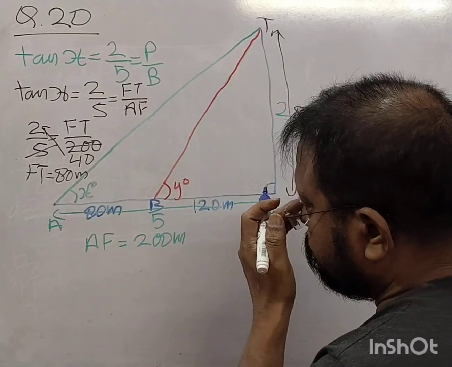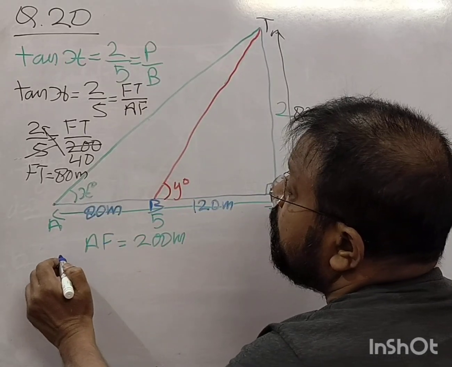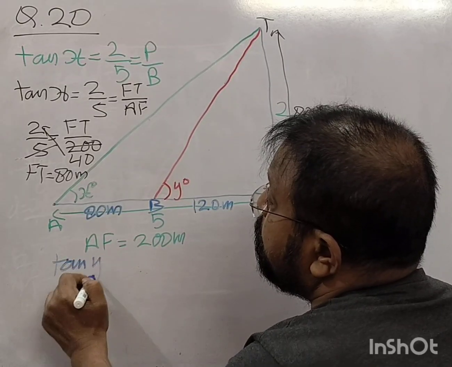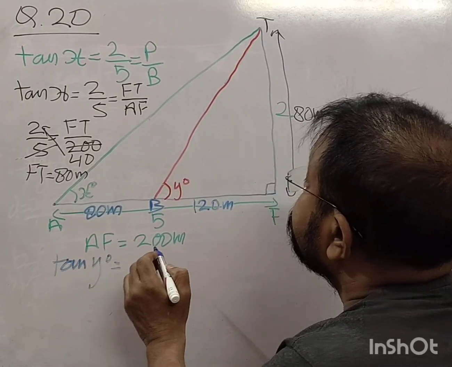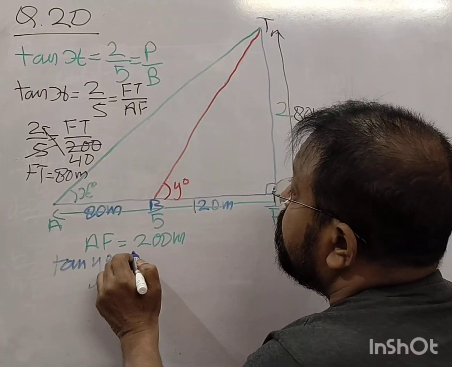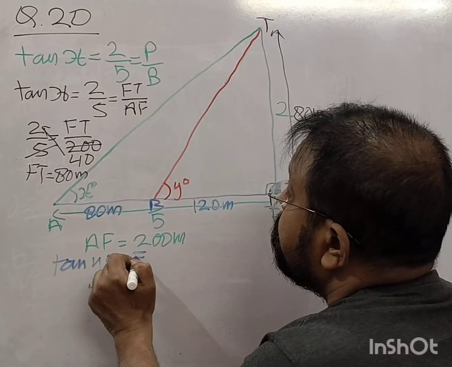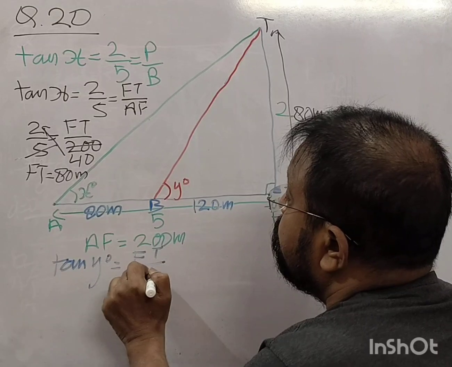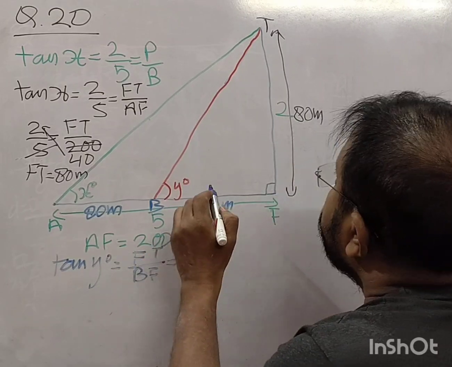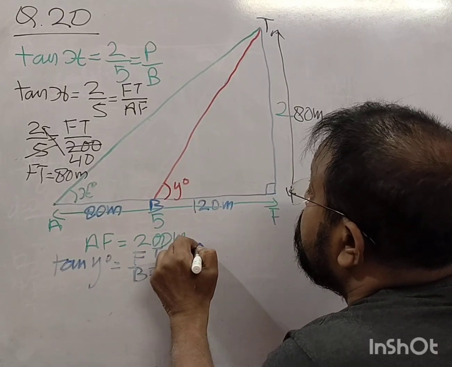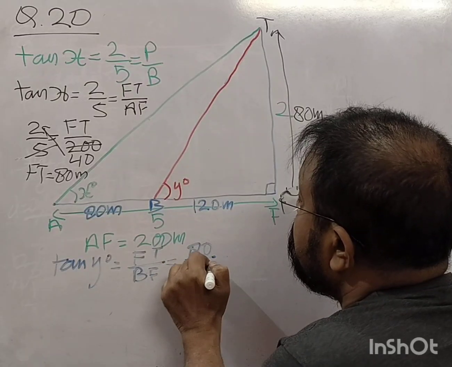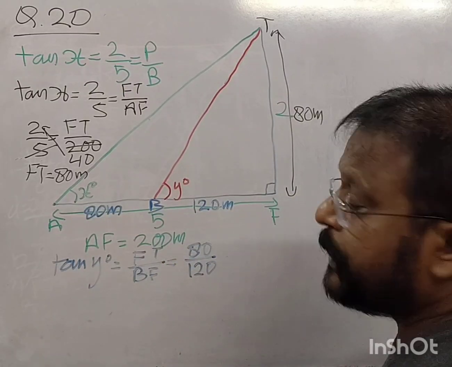So tan y degree is equal to AB upon BF. So it becomes 80 upon 120, right?